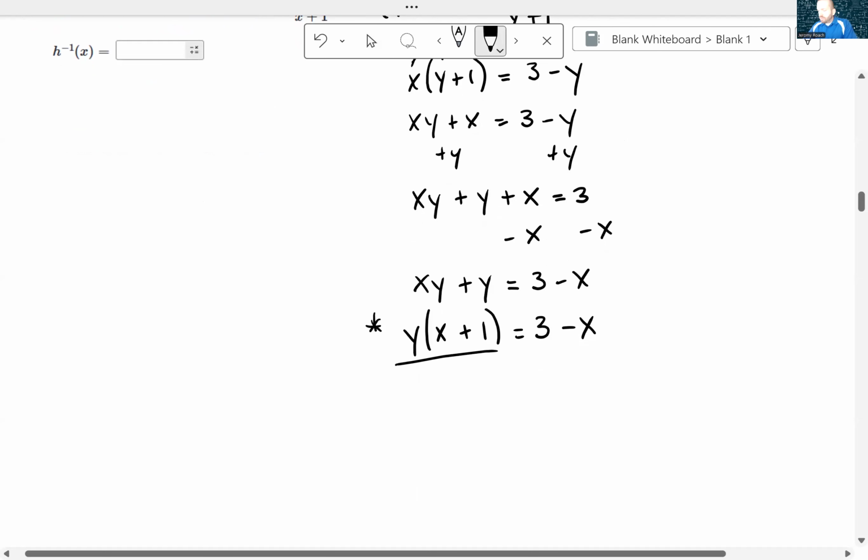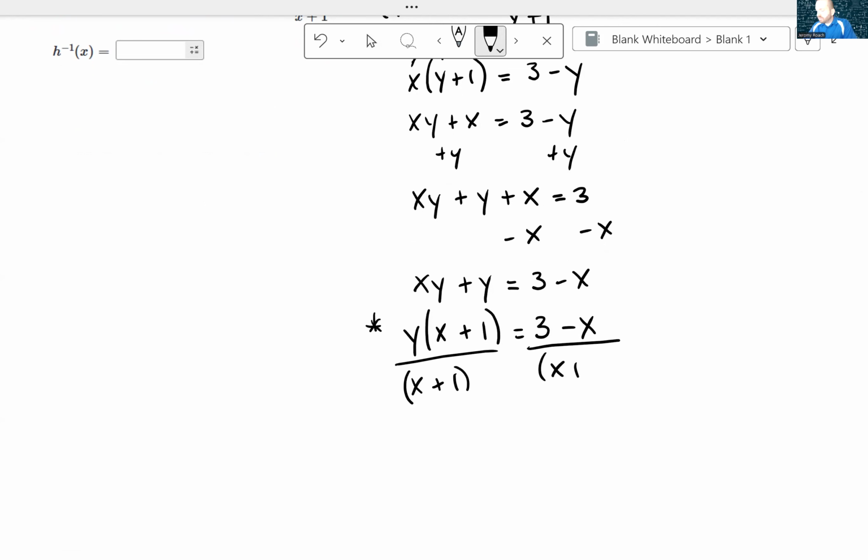And then we're going to divide by x plus 1 on both sides, and we get y equals 3 minus x over x plus 1. You can add, if you want to, where x is not equal to negative 1.